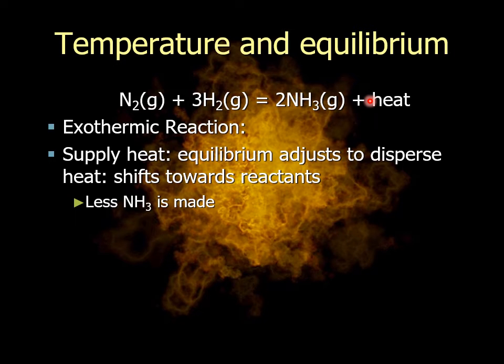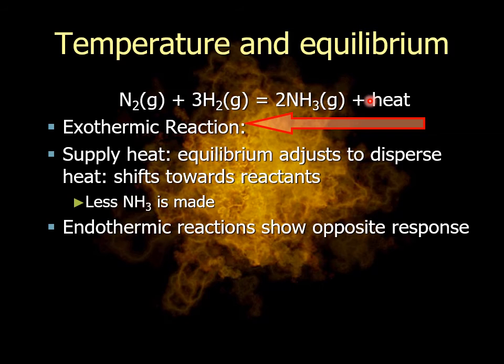And so the equilibrium would shift towards the reactants to reduce the amount of heat made. So in the Haber process, actually, if I raise the temperature, I would reduce the amount of ammonia made. So the system, an exothermic reaction, would shift from right to left when you raise the temperature, and of course logically it would shift from left to right if I reduce the temperature.